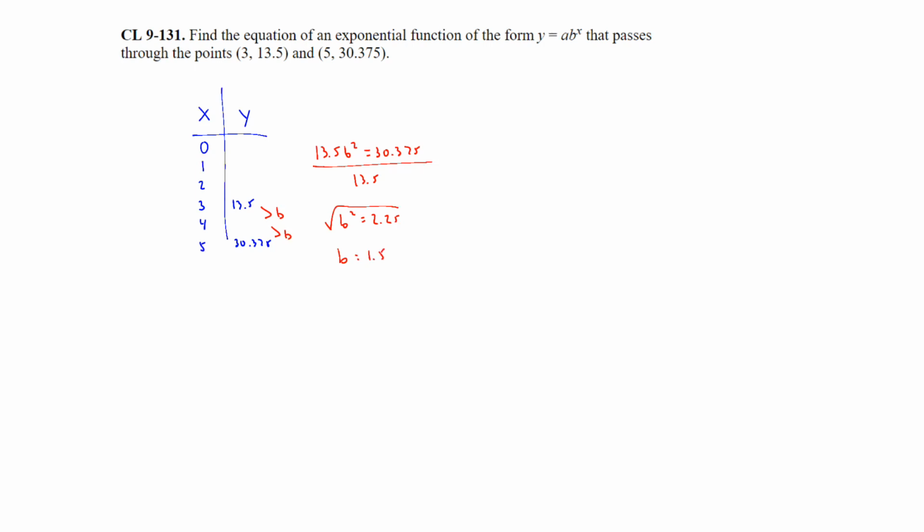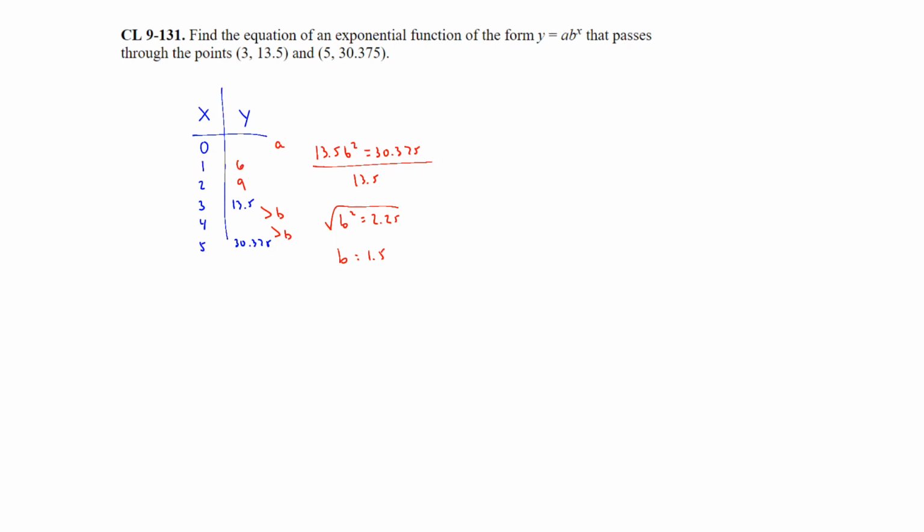So we know b is 1.5, but what we don't know is the initial value. And a is the first term. So now we're going to have to work backwards by dividing by 1.5 to see what the term is. So if we take 13.5 and divide it by 1.5, we get 9. 9 divided by 1.5 is 6.